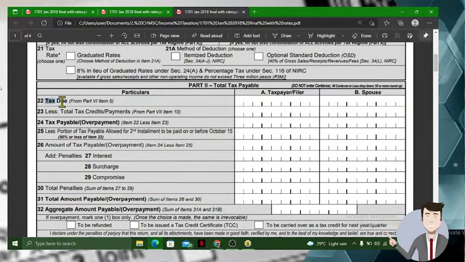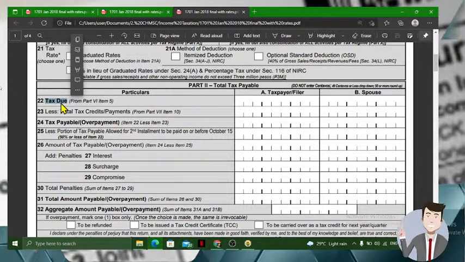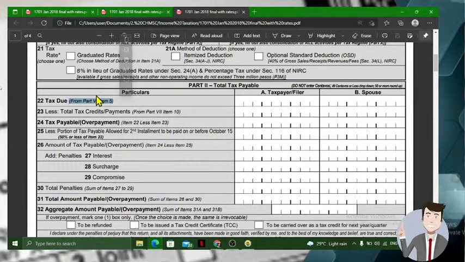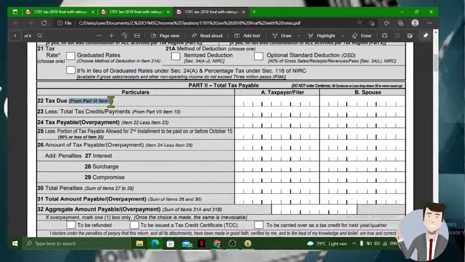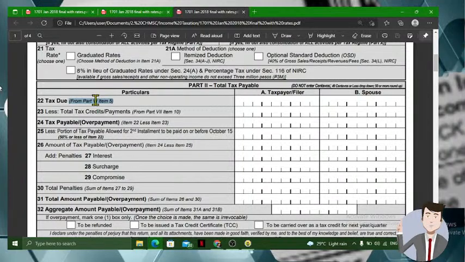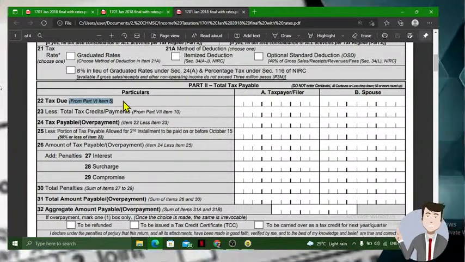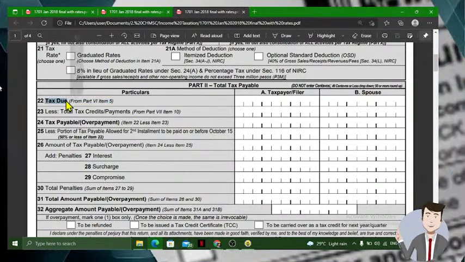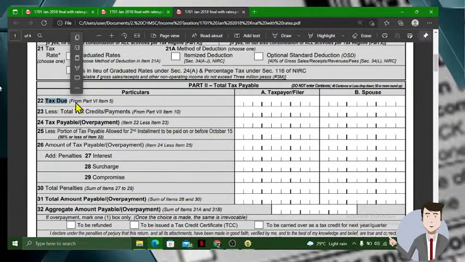Okay, item number 22. So we have your tax due. Take note, guys, your tax due on item number 22 came from Part 6, item number 5. In Part 6, item number 5, we can find the detailed computation of where the amount of tax due came from. So we can check this later.